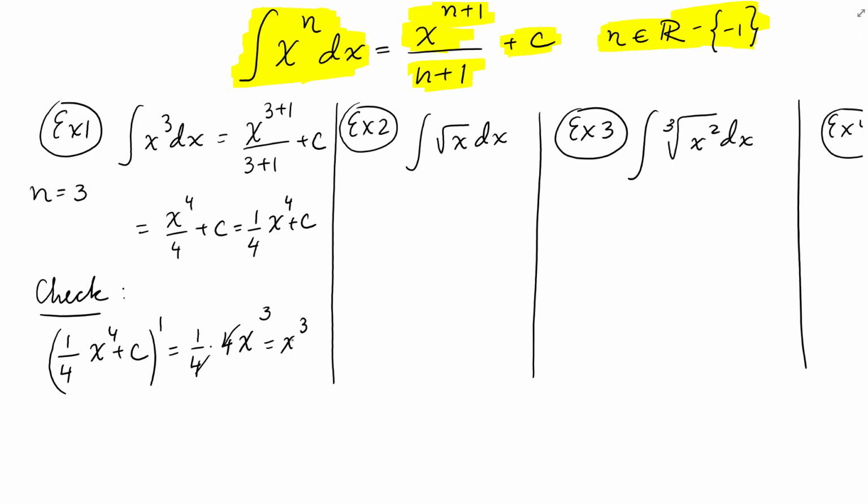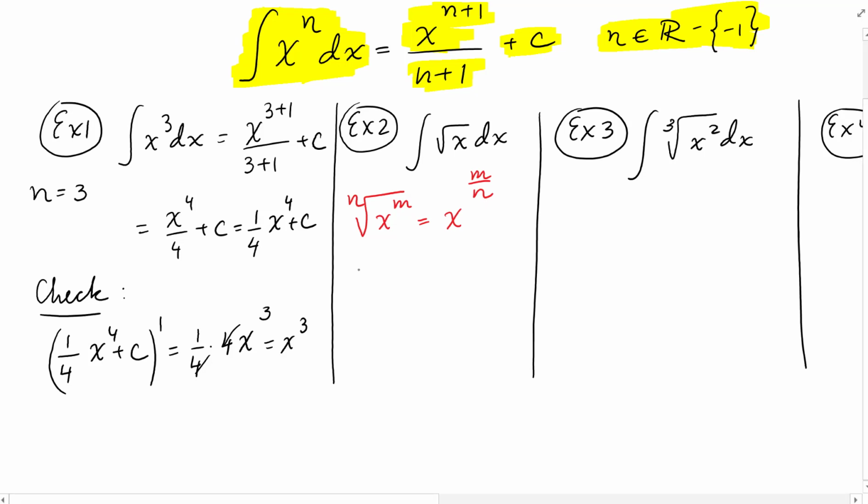But the power rule can be used in other situations, like in example 2. So if we look at example 2, we have the integral of square root of x dx. And we know that the nth root of x to the m can be written as x to m over n. So we can change from radical notation into a rational exponent.